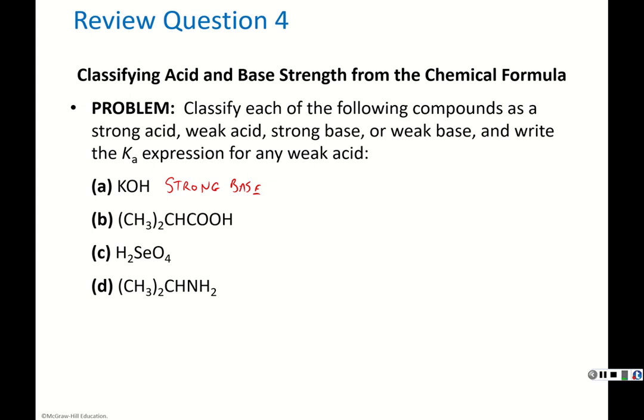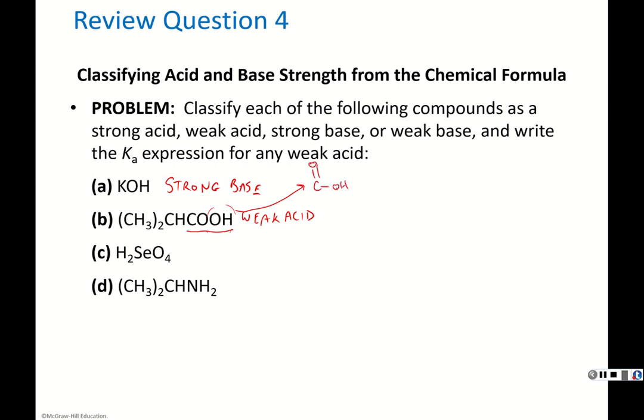Okay, for B, this is an example of where we have a COOH, that is a weak acid. And maybe this is a little bit confusing. It could be because it has an OH group in it, but that OH group is not able to dissociate into solution because it's actually COOH, which is this structure.